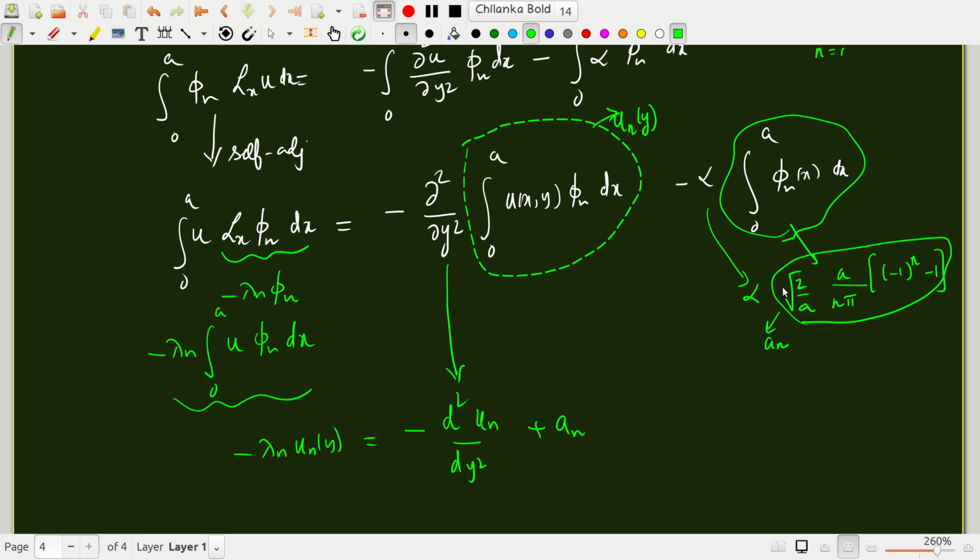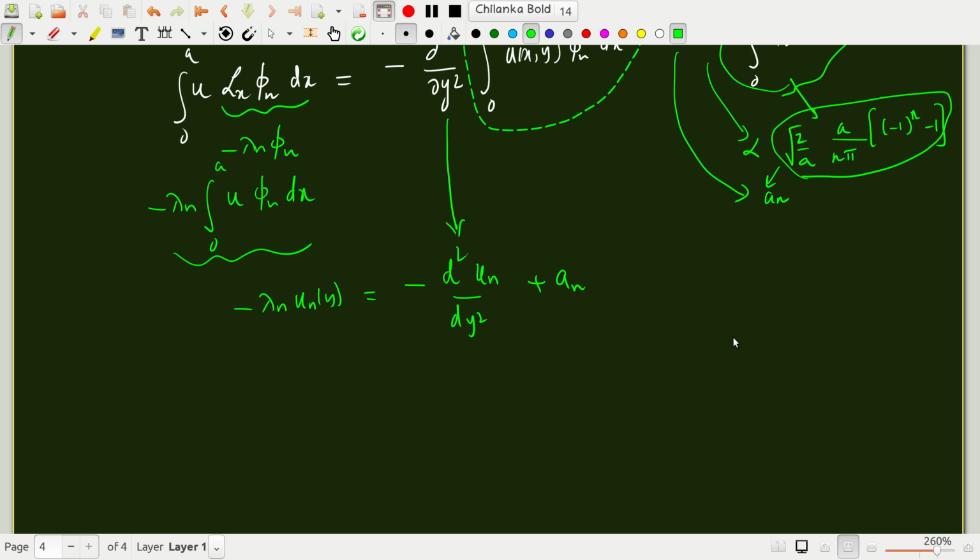So I can now rewrite this as d squared un by dy squared minus lambda n un is an.